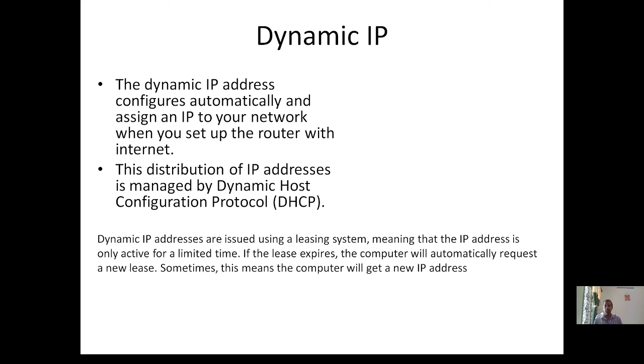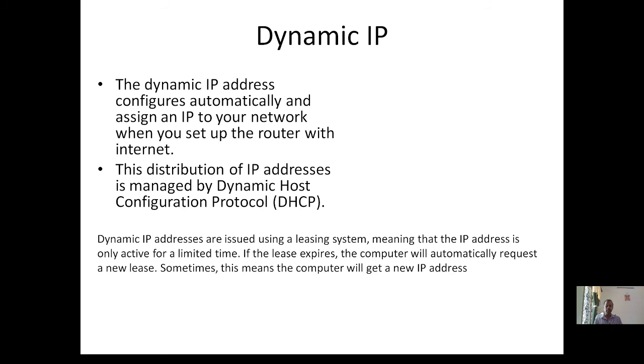That IP address is called a dynamic IP address. Who distributes the dynamic IP address? Distribution of IP addresses is managed by the Dynamic Host Configuration Protocol, that is, the DHCP protocol. Using this DHCP protocol, you get the dynamic IP address.